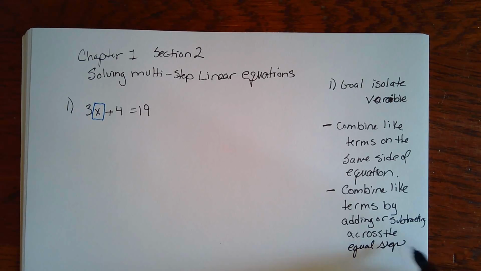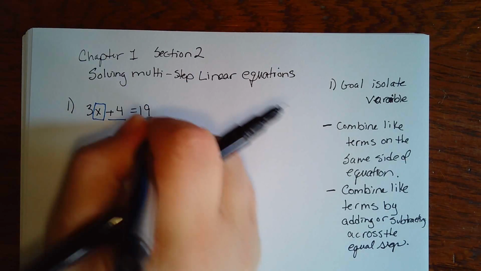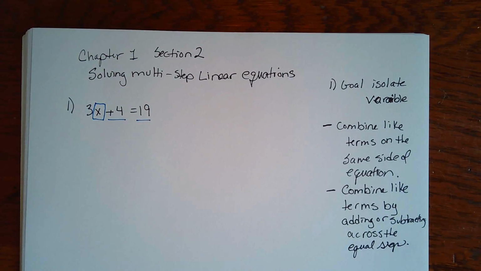So what I'm getting at with this particular one is that if you have the same term or the same type of terms on each side of the equation, now you can take and move them across. So if you look here, 4 and 19 are both basically just good old numbers, coefficients. They have no variables attached. So we can combine them.